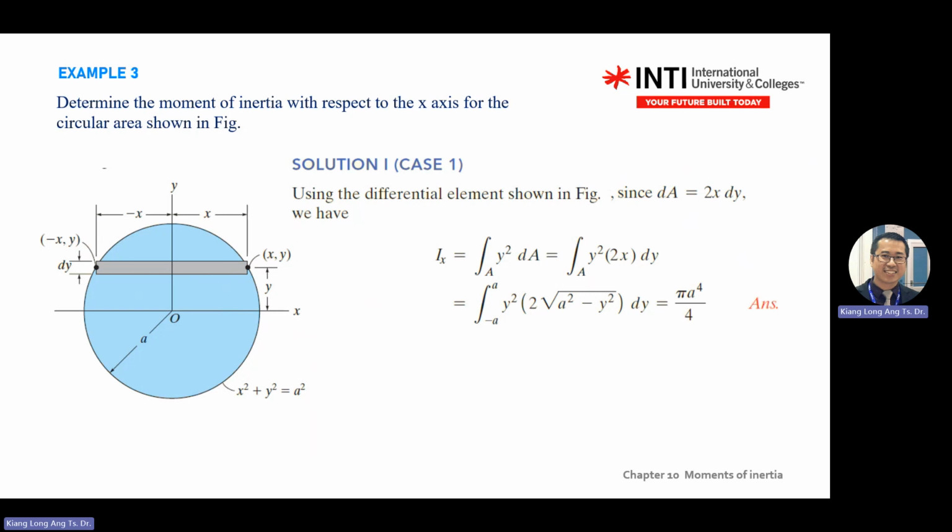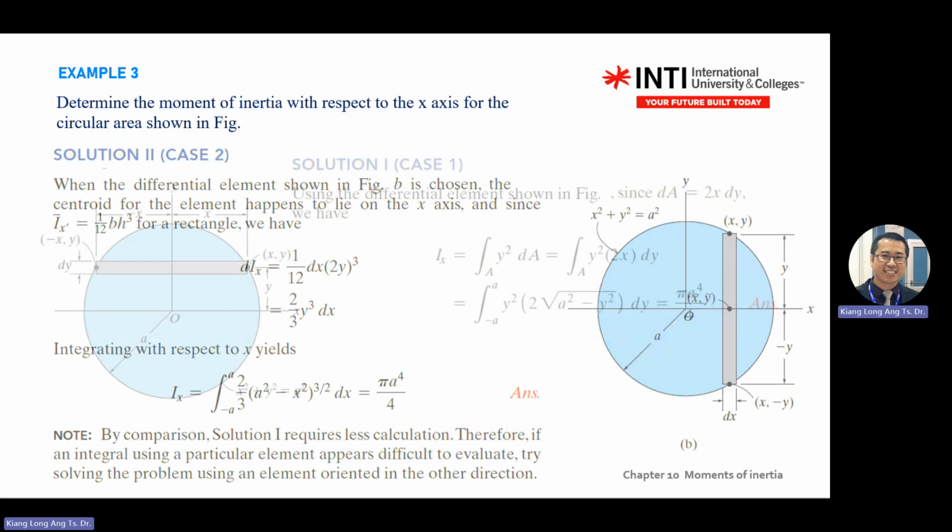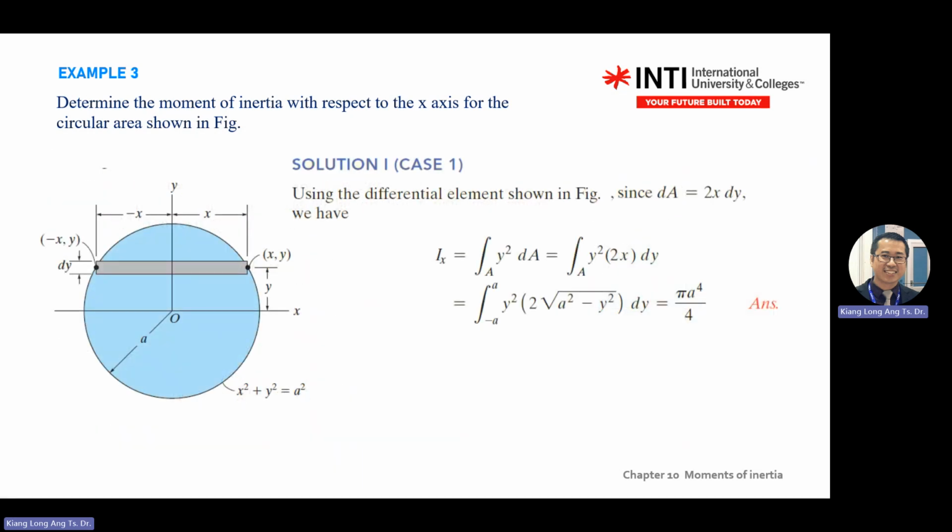It's one number, so it's 3.14 something. All right, 3.14. Okay, any question for Ix? No? This one is asked with respect to the x-axis, so that's why you use Ix only.